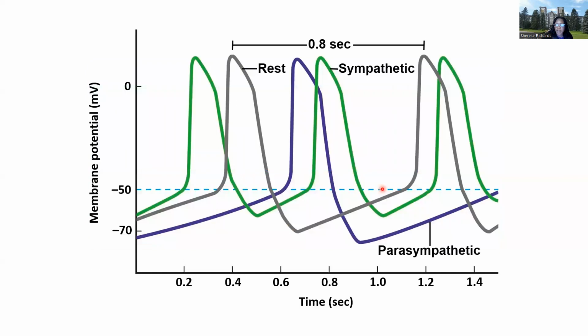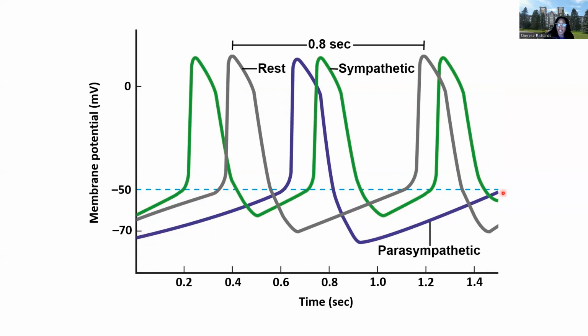Here's a graph comparing what both of those different events look like. So notice we've got the resting event, which is in gray. This is the rate at which a pacemaker cell would fire action potentials at rest, which in this span of time is 2 action potentials fired. If we had the parasympathetic system exerting its influence, we would have only 1 action potential fired in this span of time.